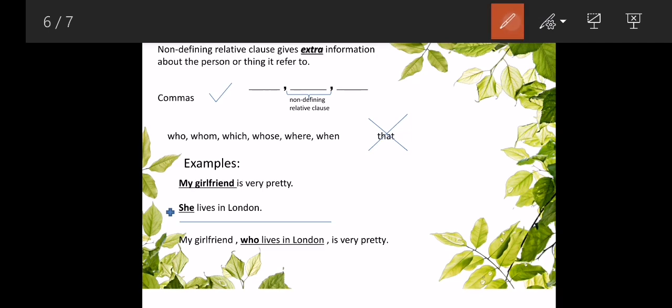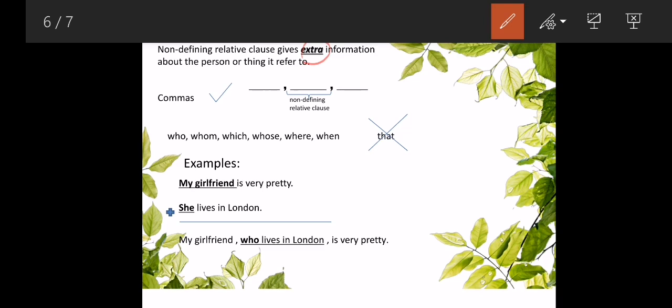Another slide. So guys, we have learned about defining relative clauses. Now it's time to learn non-defining relative clauses. What is a non-defining relative clause? A non-defining relative clause gives extra information about the person or thing it refers to.